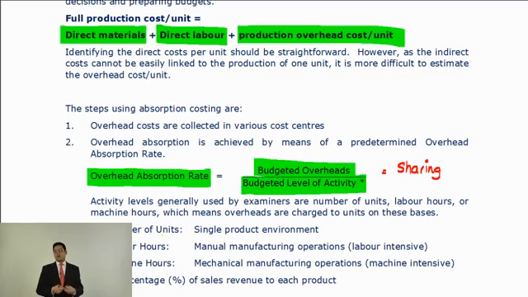Most of the jobs are done by human hands, or maybe a little equipment or tools are used. Production is straightforward. It's been used for years and years, and it's still in application for more than 85% of the companies in the world. Absorption costing is the most used method of cost accounting.